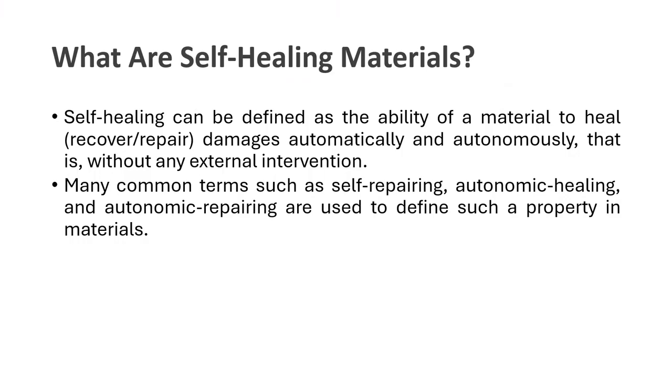This recovery can be autonomous, so the material can do it by itself, or with the response to an external stimulation. Okay, there are many types of materials that come under this, but the major category is the autonomous.